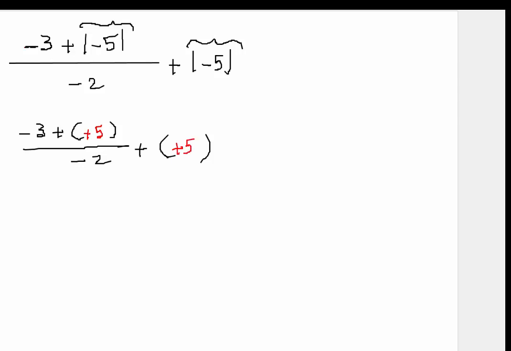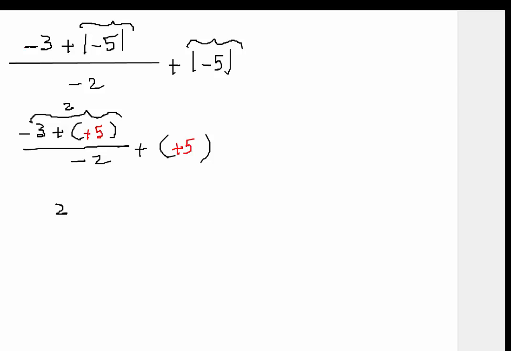All right, at the top of the fraction here, Casey, can you tell me what is -3 plus 5 would be equal to? So it's like you have $5 and you owe $3, so that would be a total of 2. Very good. Plus 2.